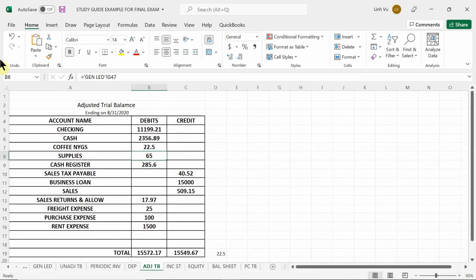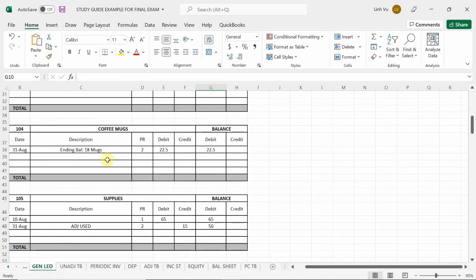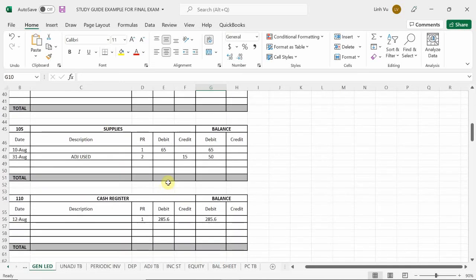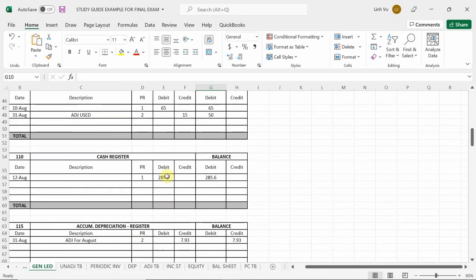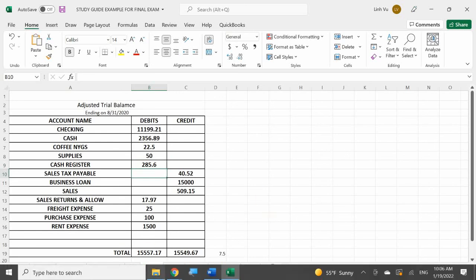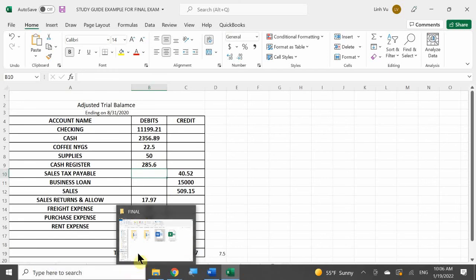Okay, then we have our supplies. We adjusted it, so now it's $50. And then we have our cash register at $285.60.